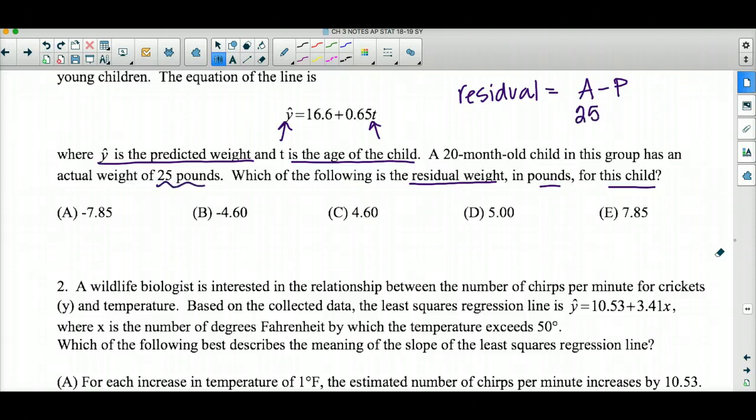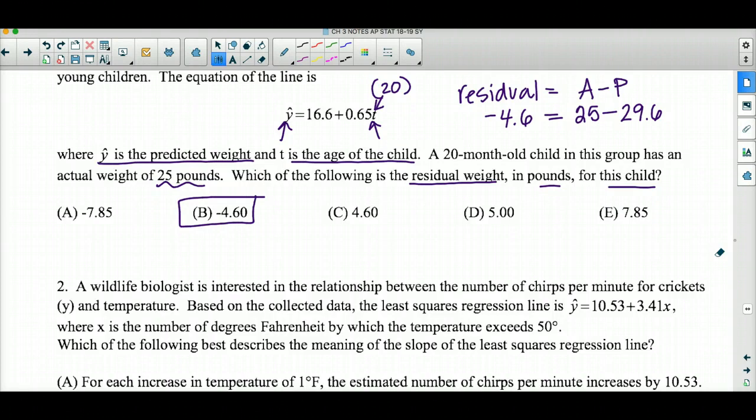I have that. I don't have the predicted weight, but I'm going to get the predicted weight by plugging in 20 for the number of months. And that gives me 29.6. So my residual is negative 4.6, which is B.